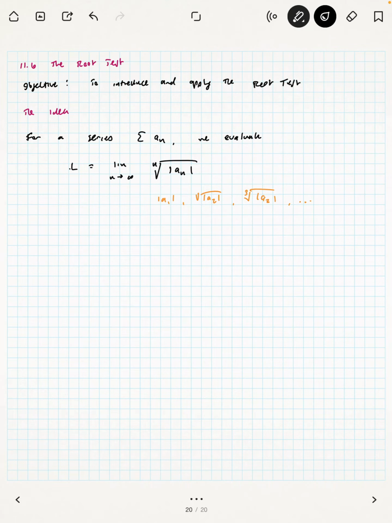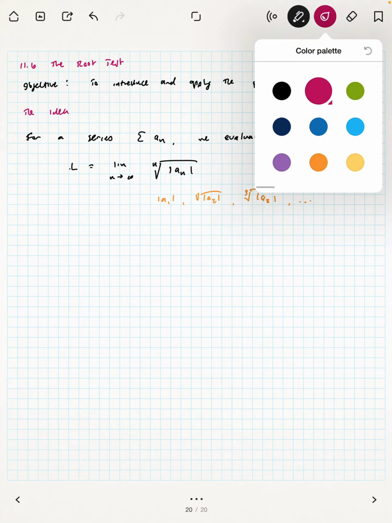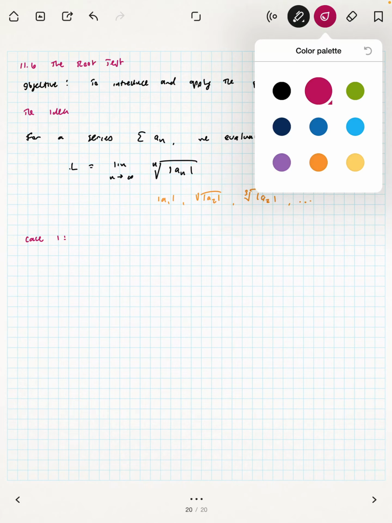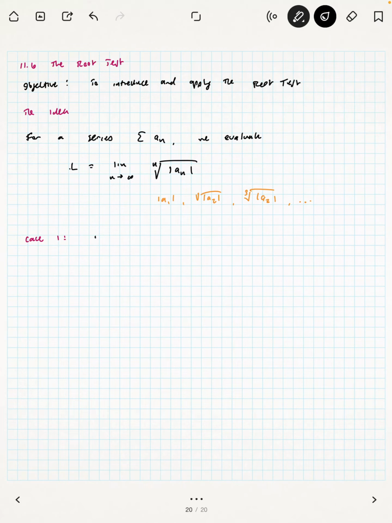And we know that it works. It's pretty well known to be true, and we can apply it and we'll use it. This gives us the same sorts of cases that we have for the ratio test, which is if L is less than 1, the series converges absolutely.